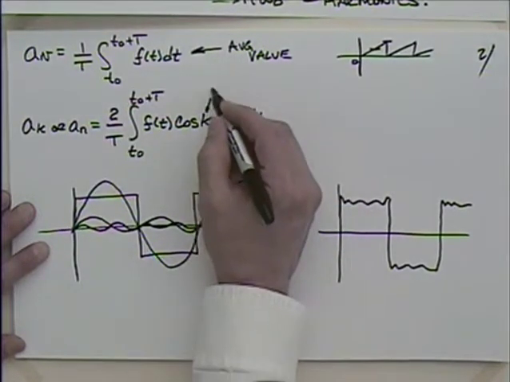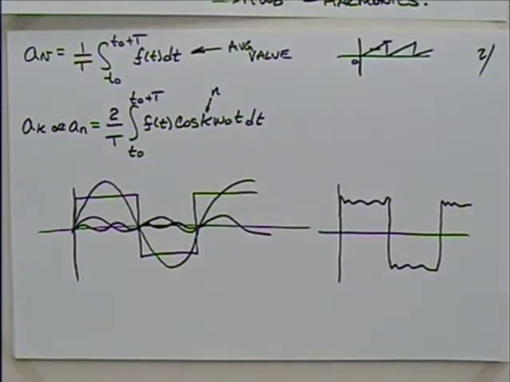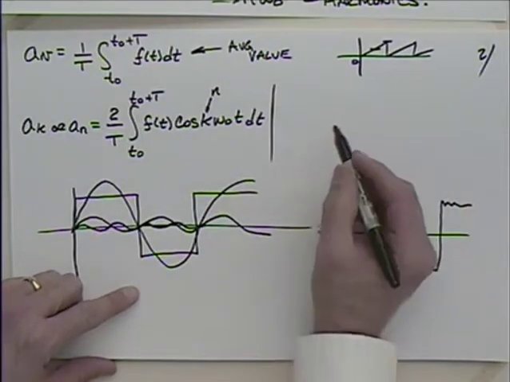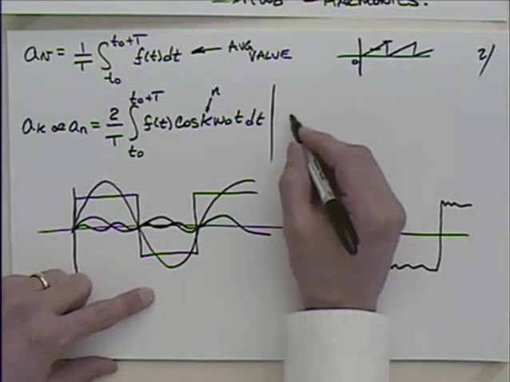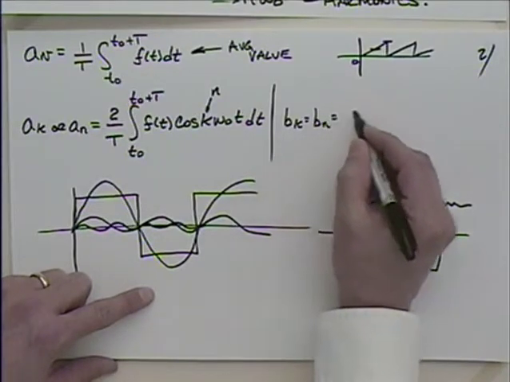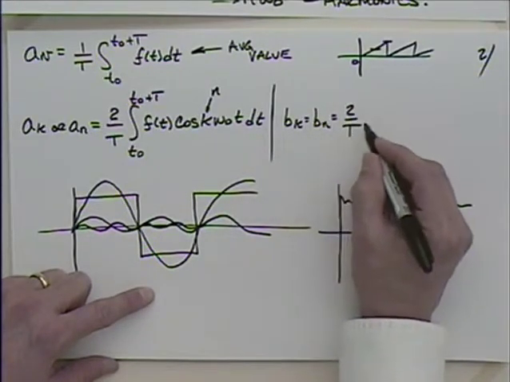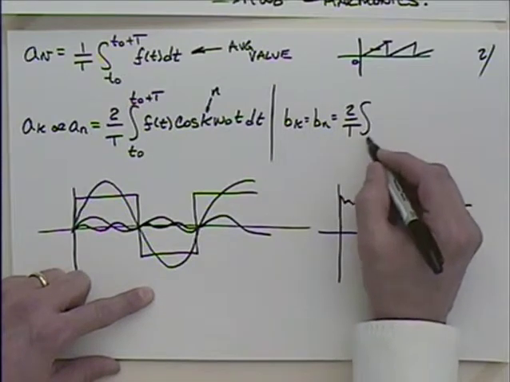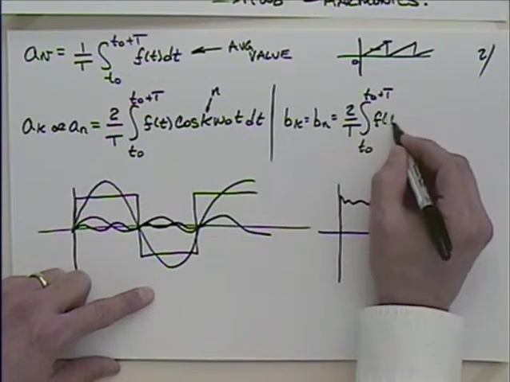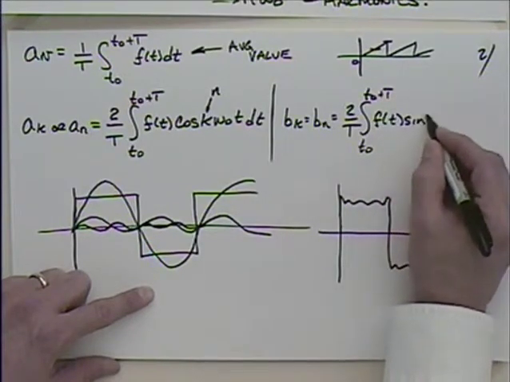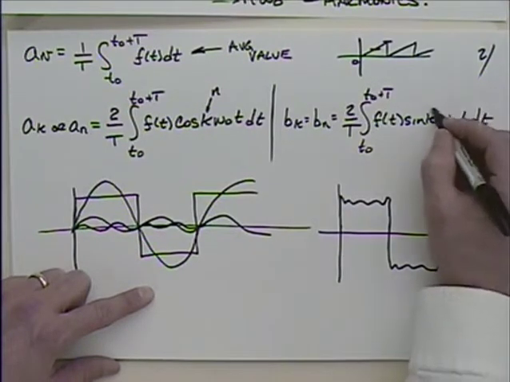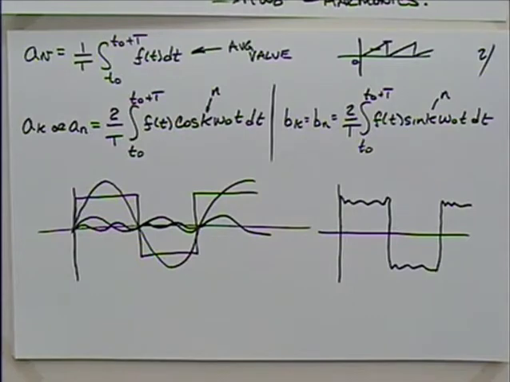Or we could put n in there. Sometimes they'll use n for that. So that's A sub k or A sub n, depending on whose book you're reading. And then we could talk about B sub k or B sub n, which would be, again, 2 over the period T times the integral from t naught to t naught plus T of f of t times the sine of k omega naught t dt, where this could also be n.